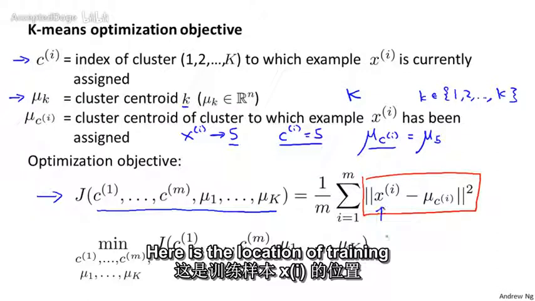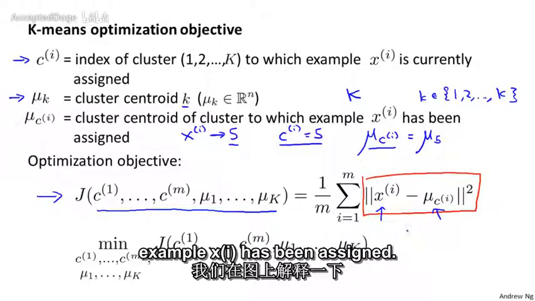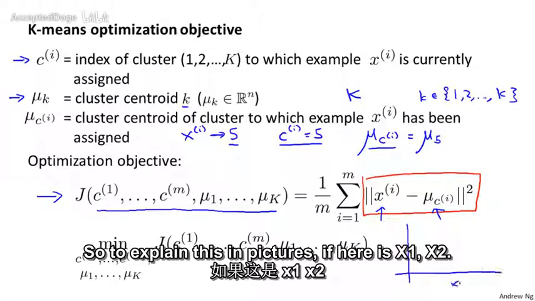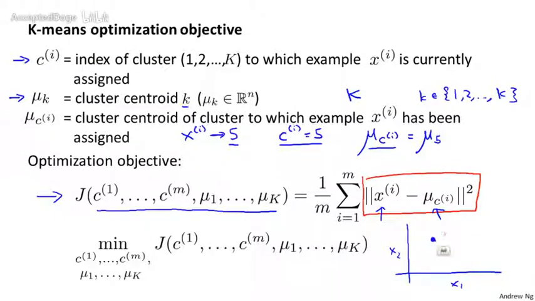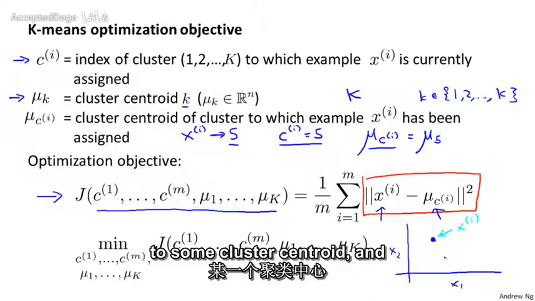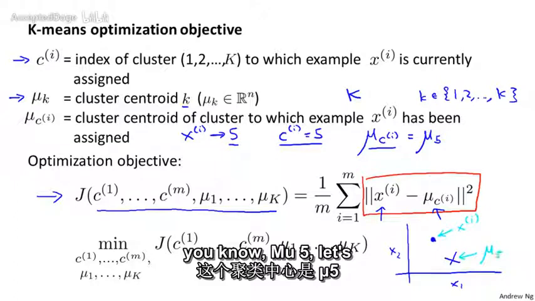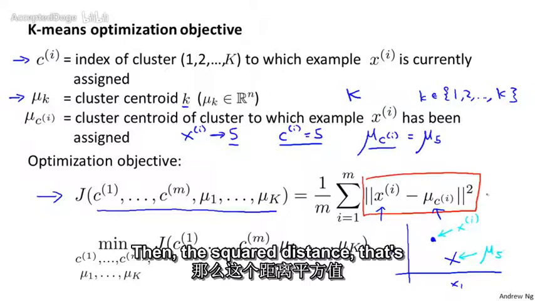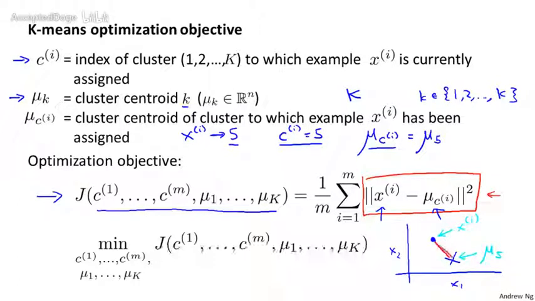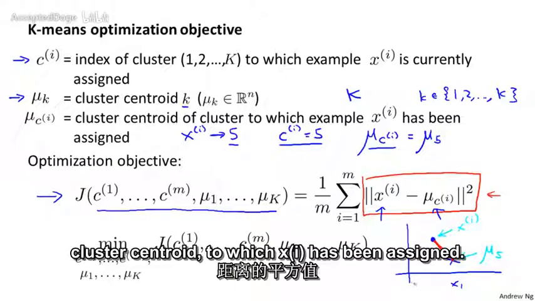So let me explain this. Here's the location of training example x^(i), and here's the location of the cluster centroid to which example x^(i) has been assigned. To explain this in pictures, if here's x_1, x_2, and a point here is my example x^(i), and if x^(i) has been assigned to some cluster centroid, which I'm going to denote with a cross, say that's the location of mu_5, if x^(i) has been assigned to cluster centroid 5 as in my example up there, then this squared distance is the square of the distance between the point x^(i) and this cluster centroid to which x^(i) has been assigned.